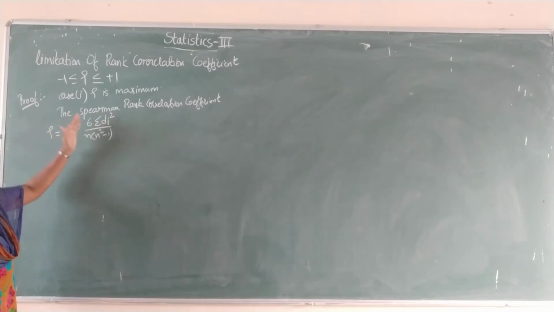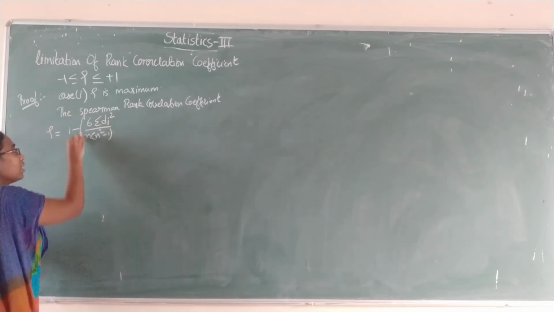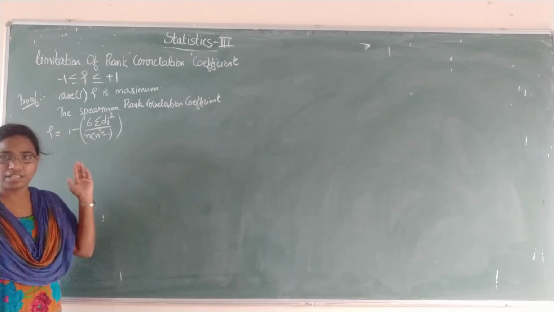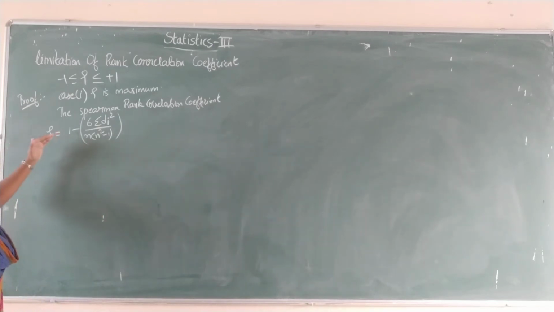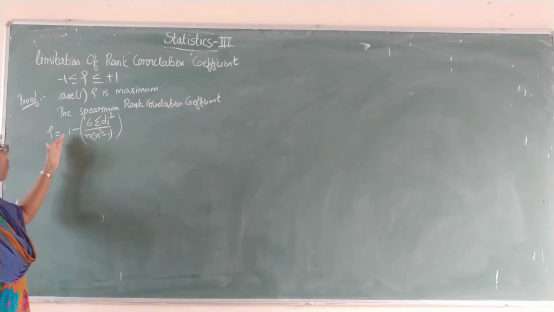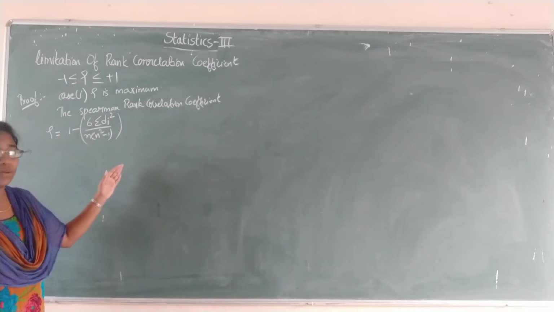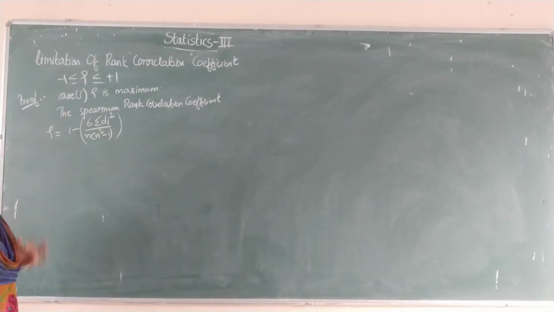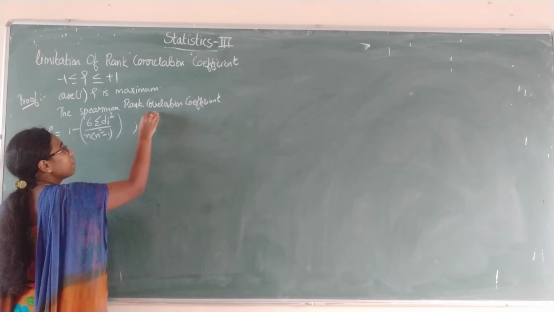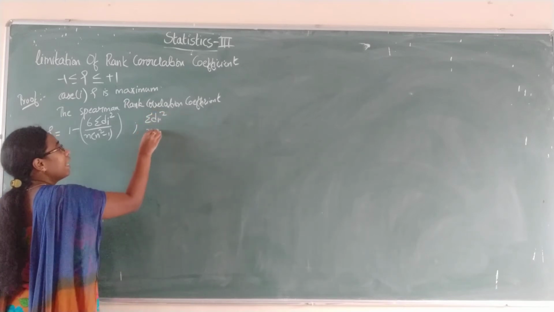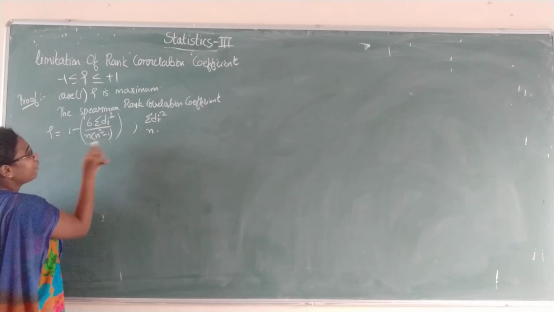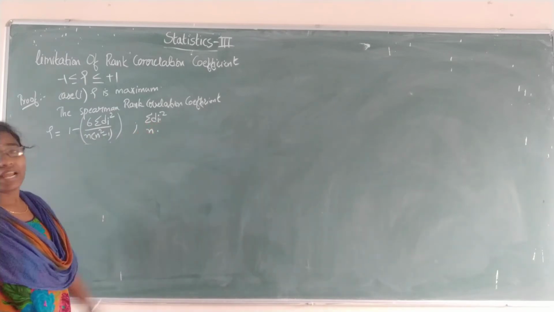If this value is negative, you will get a larger answer, but if this value is positive, 1 minus some positive value gives less than 1. In this something value, you are having di square and n.